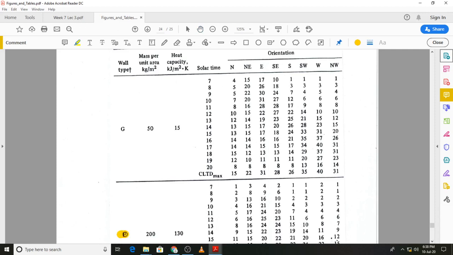So we have wall type F. The orientation is that the wall is west facing, so that's the column that we will work with, and the time again is 1400 hours.